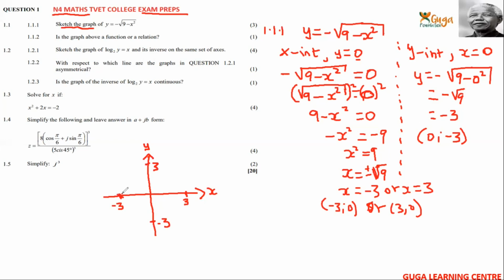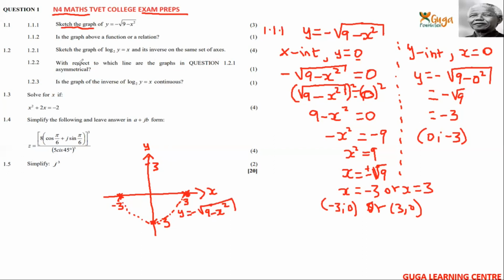The point is going to be here, and then another one is 3:0. The point is going to be here, right? And then this y-axis, your point C, normally this is going to be here. And then we join the lines. So this is the graph, which is the function y is equals to negative of 9 minus x squared, right?